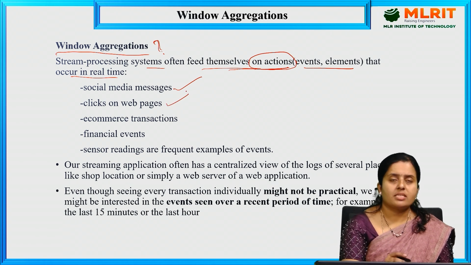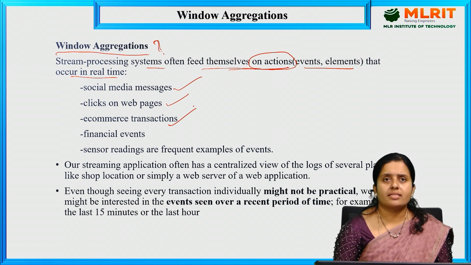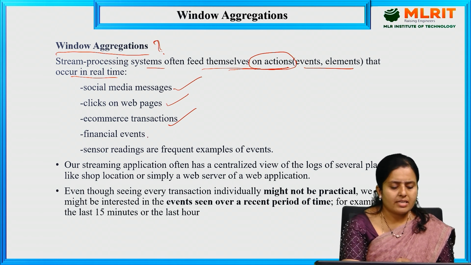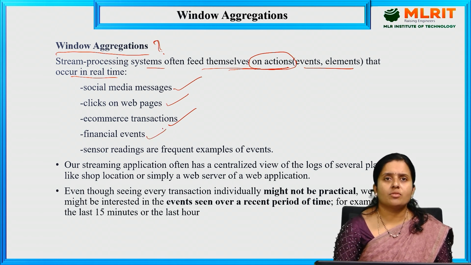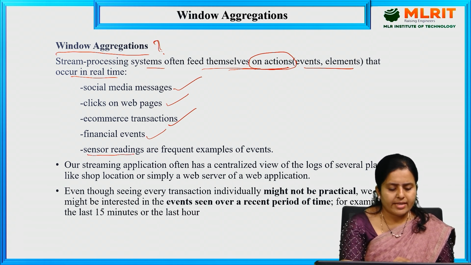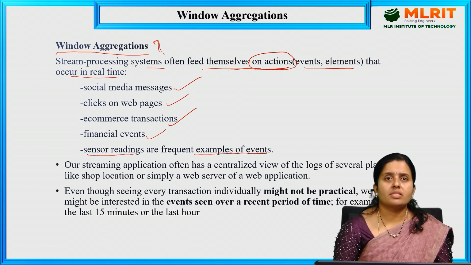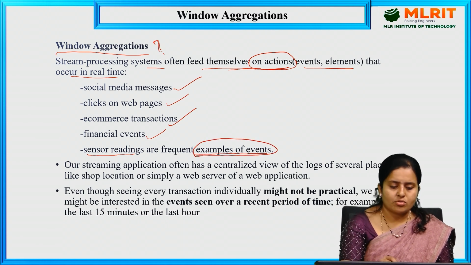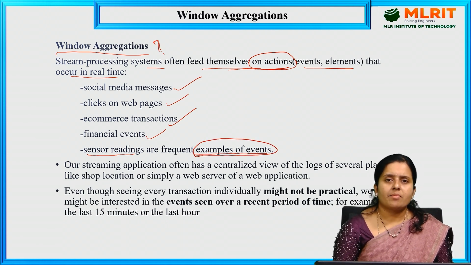Clicks on web pages are events. Every e-commerce transaction is considered an event or element. Financial transactions related to banks and insurance companies are also events. And the last one, sensor readings, are frequent examples of events. So everything we calculate in real time is an event.